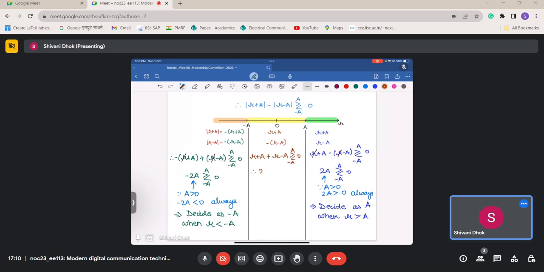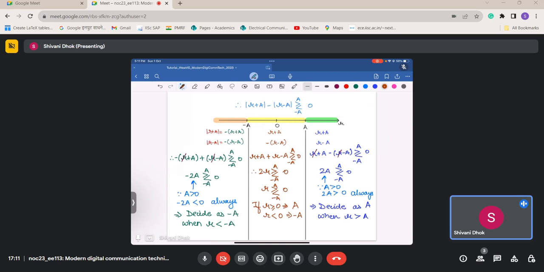So we have 2r. So if r is greater than 0, or let's say greater than or equal to 0, then we decide in favor of a, and if r is less than 0, then we decide in favor of minus a. Okay, so this is what we have.